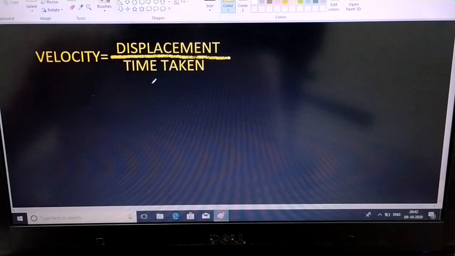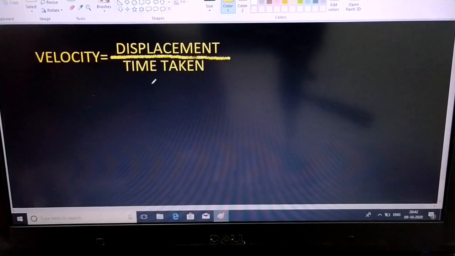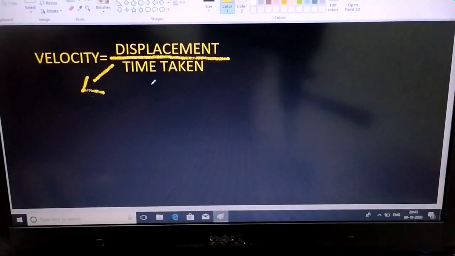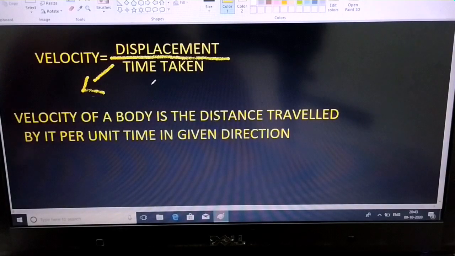Now the definition that comes from this formula is that the velocity of a body is the distance traveled by it per unit time in a given direction. The formula is the same as speed, with the only change being the given direction.